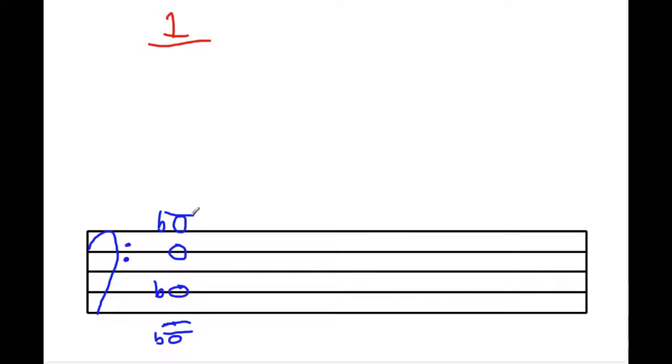Next one up, if we buzz higher, push more air, will be the D. Next note up will be the F. So notice we have a major triad here, B flat, D, F. The next note we can get in first position is A flat.